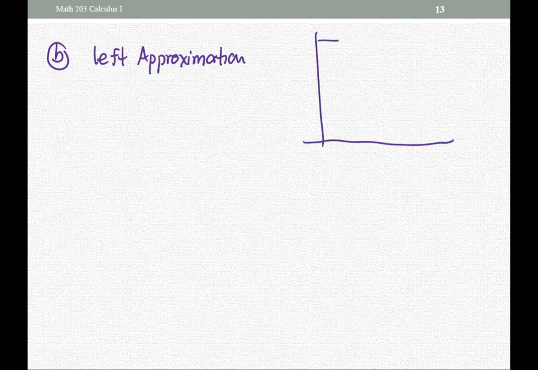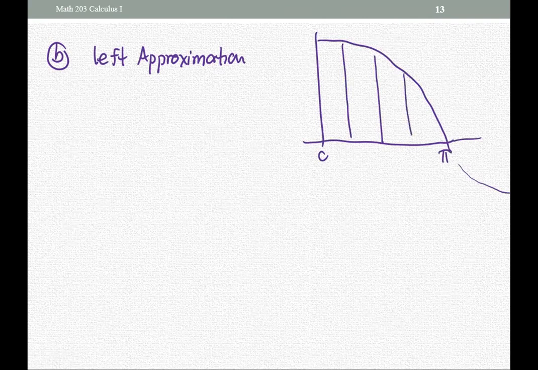The next part is about the left approximation. Use the same graph as before, a quarter of the graph of the cosine from 0 to pi with 4 equal subintervals.